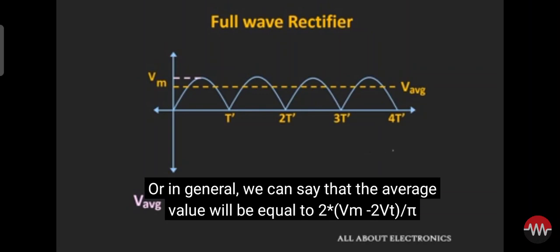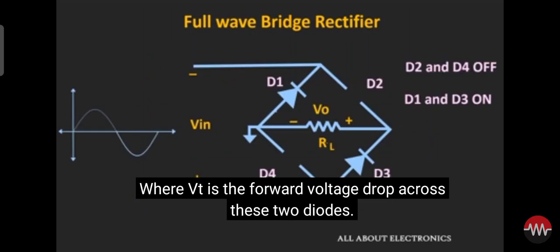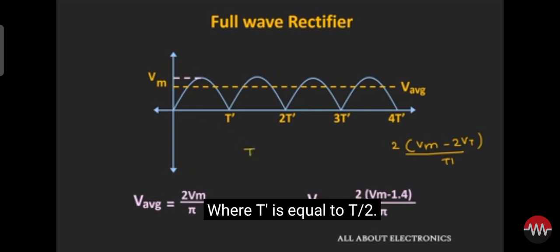Or in general, we can say that the average value will be equal to 2 times Vm minus 2Vt divided by pi, where Vt is the forward voltage drop across these two diodes. And here in the waveform, this T dash is the new time period of the output waveform, where T dash is equal to T by 2.